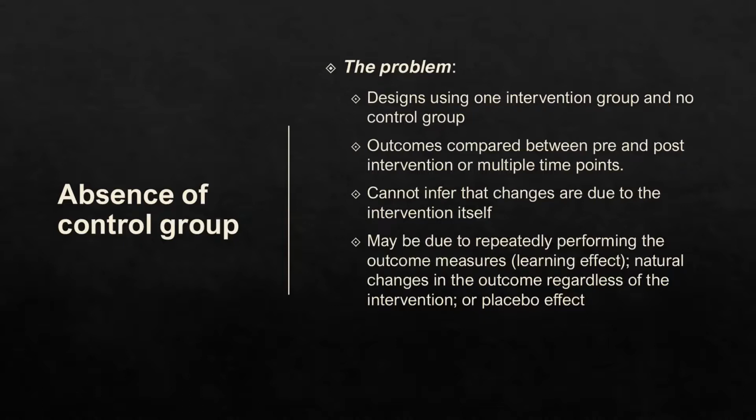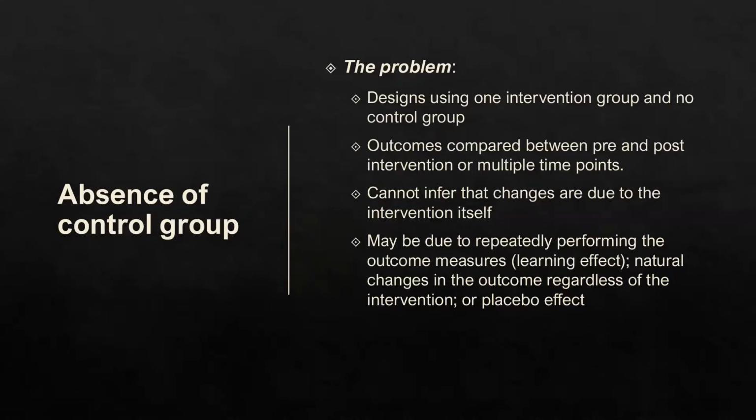So in these studies, the observed changes in the outcome might be due to repeating the outcome measure many times, like a learning effect. If the outcome measure is taking a test or performing a scoring protocol, and the participant does it many times over the observation period, there might be a learning effect.